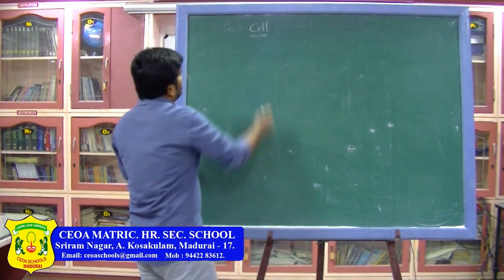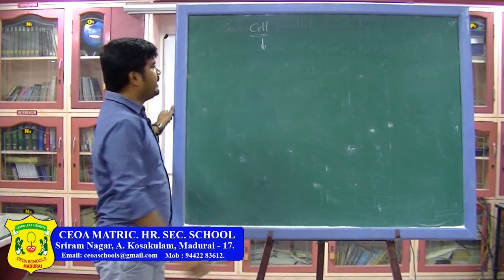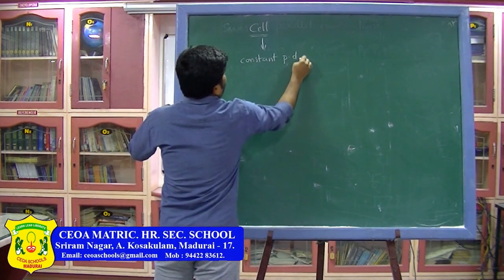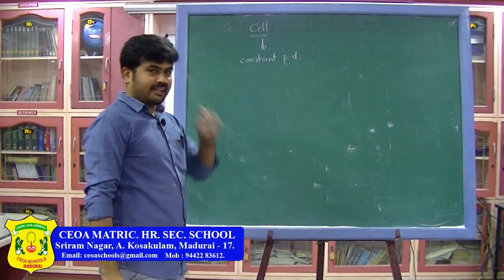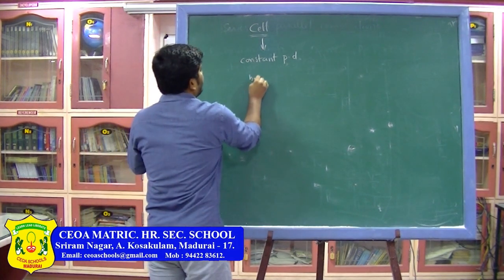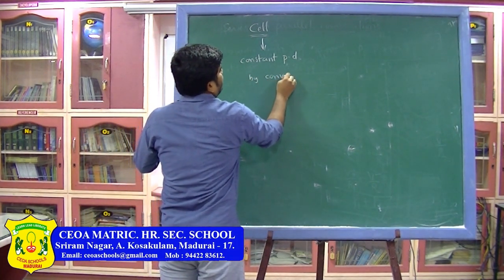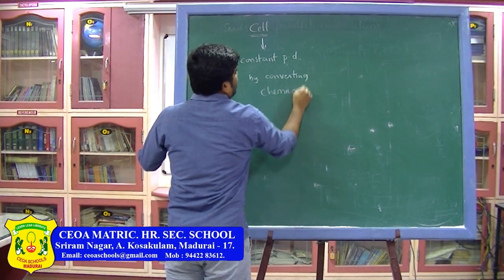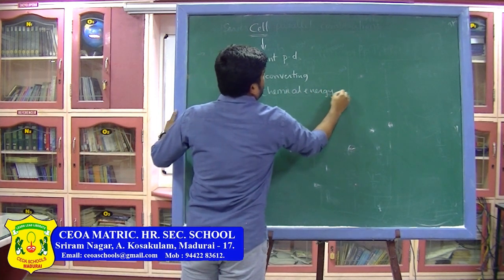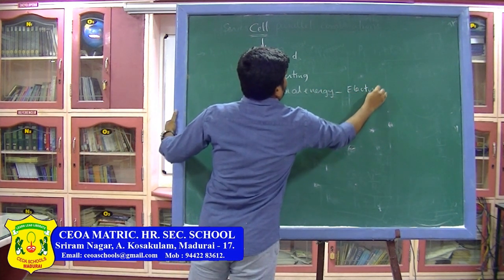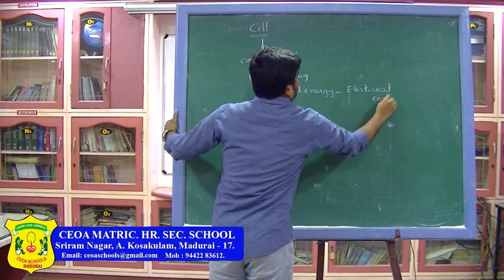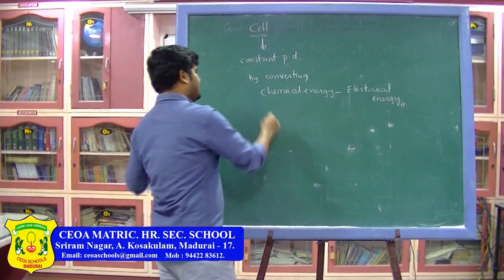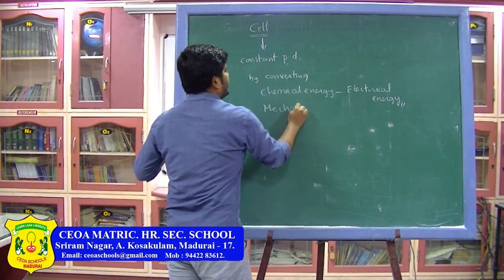A cell is a device which maintains a constant potential difference, PD, in an electrical circuit by converting chemical energy into electrical energy.